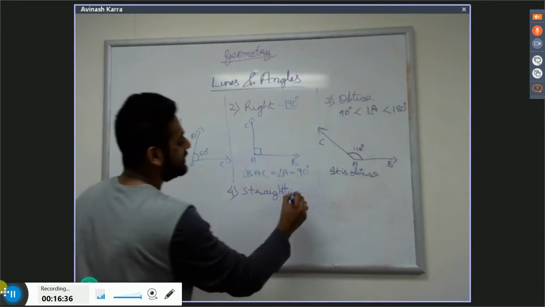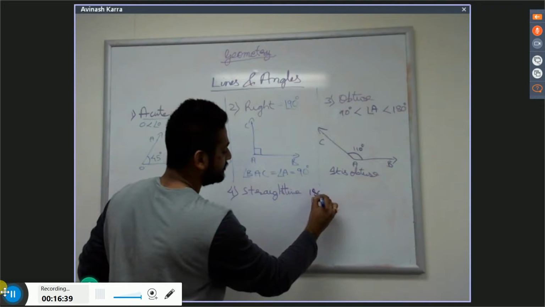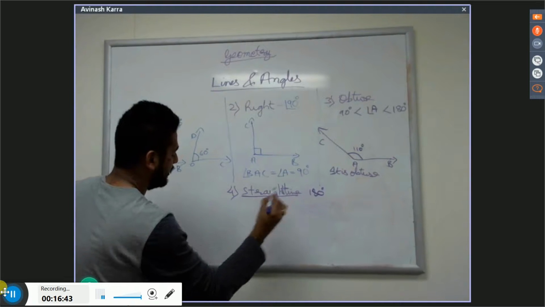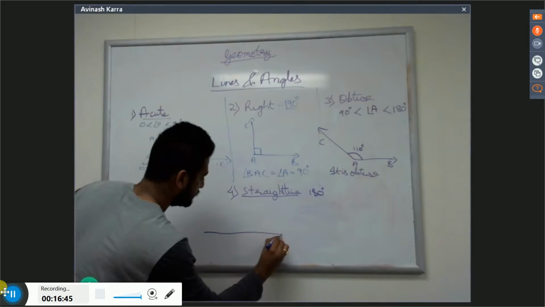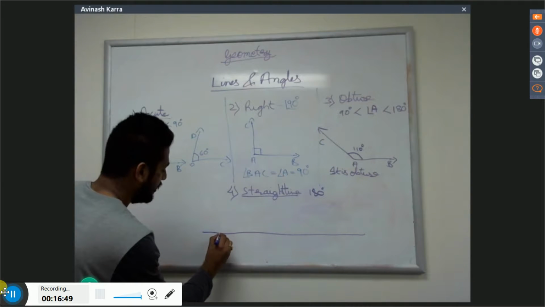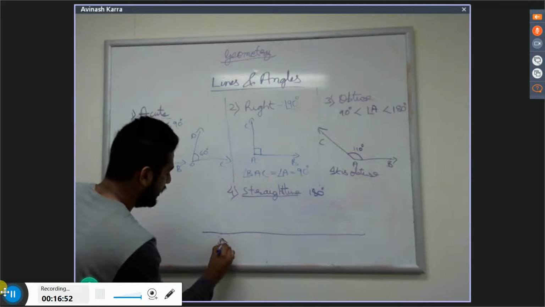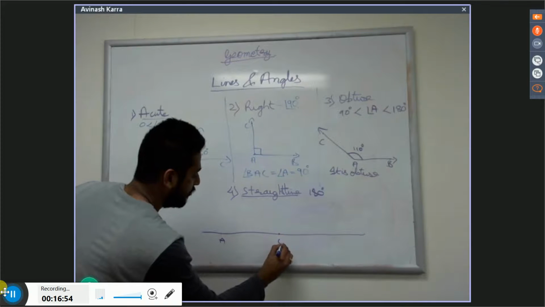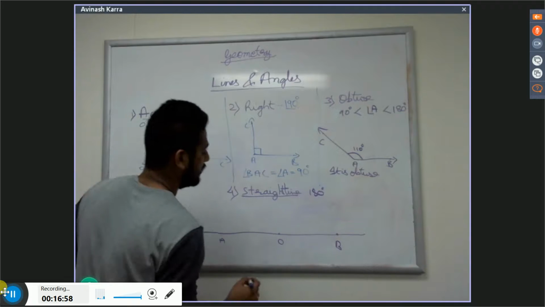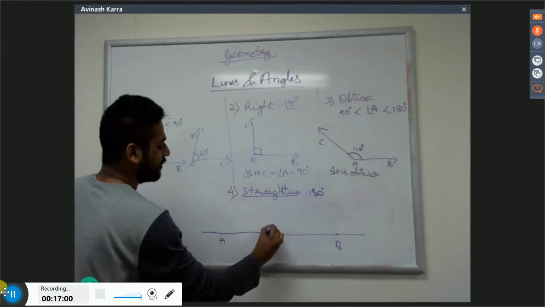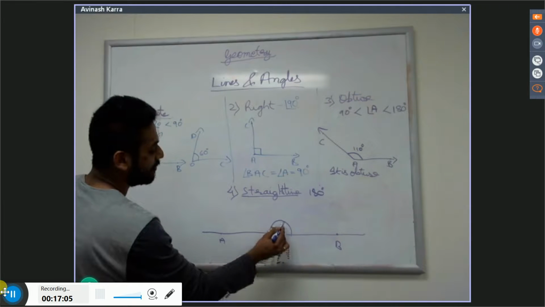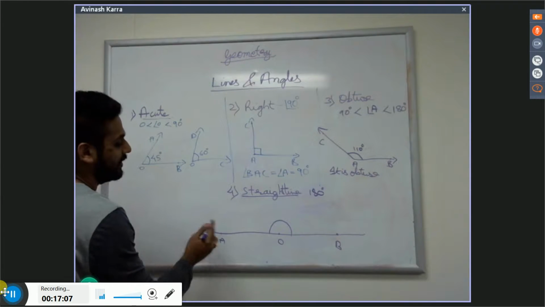And there is one more, the 180-degree angle, which is nothing but a straight line. Let us take point A, point O, point B. Angle BOA.